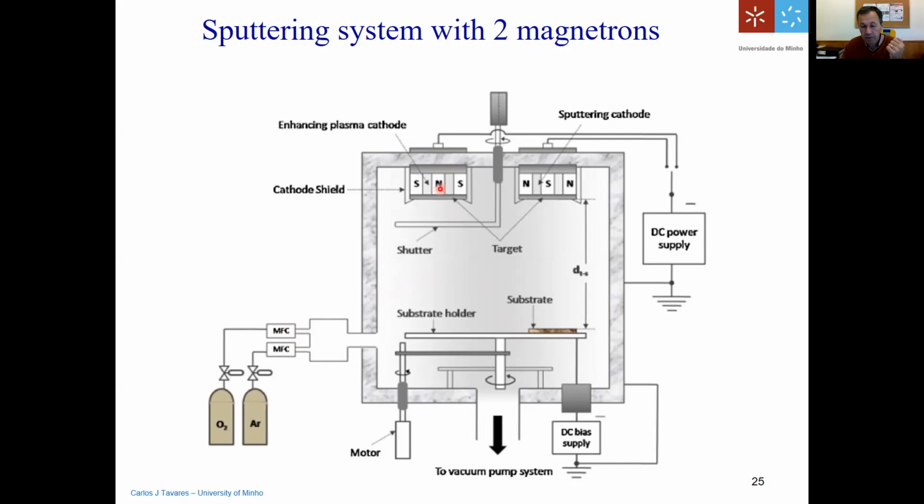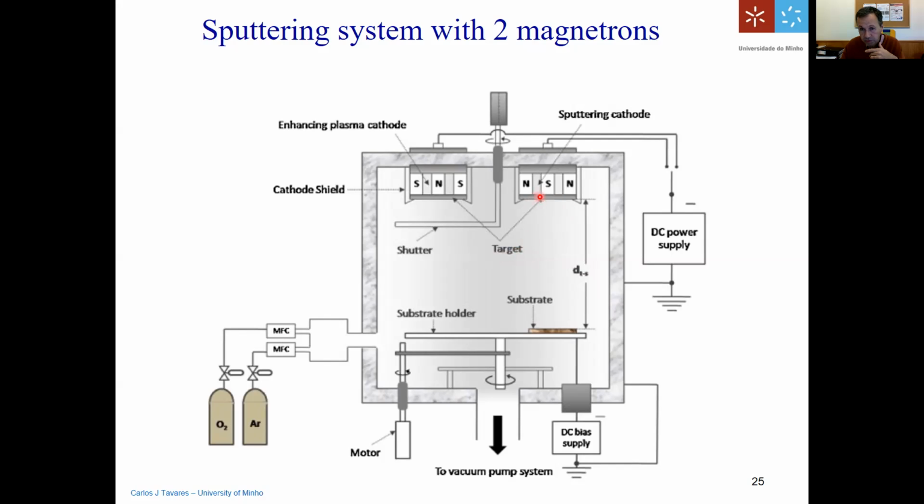Here is a top-down approach. So you're sputtering from the top to the bottom, okay? DTS is the distance between the targets and the substrate. Here we have a shutter. For example, if you want to sputter zinc oxide, if zinc is here, you have to open the shutter and close the other side.